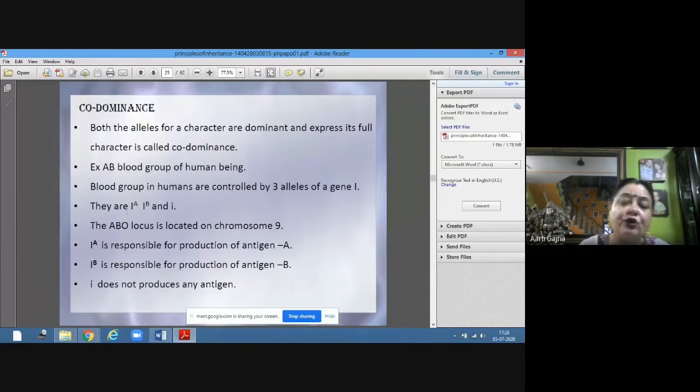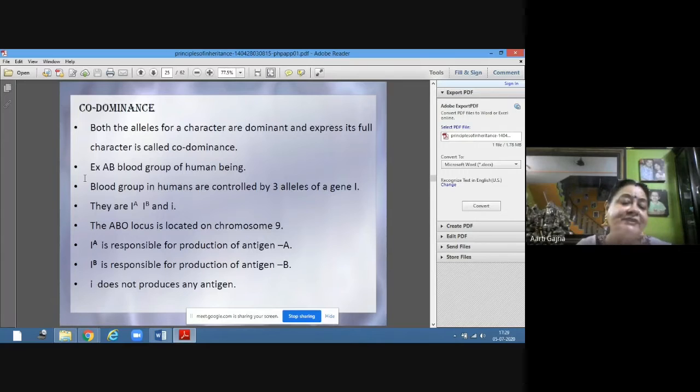What are these genes controlling? As I told you, genes are certain information which is transferred from parent to the progeny. Now, these genes contain different information. In next chapters, you are going to learn that these genes produce different types of proteins, and those proteins are responsible for different types of traits.